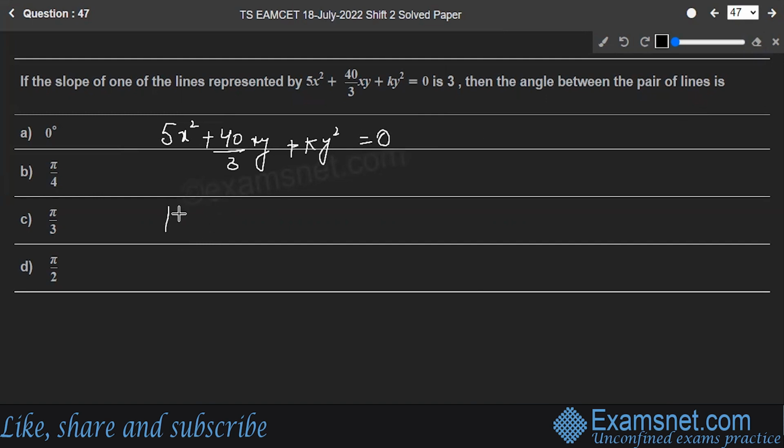You can write it as, so if I compare this as some k into y upon x, I'm dividing both sides by x squared.